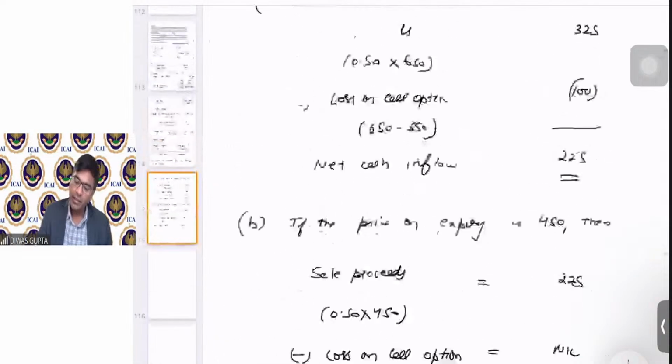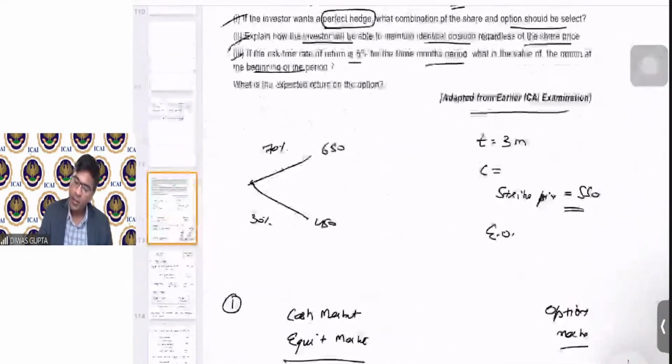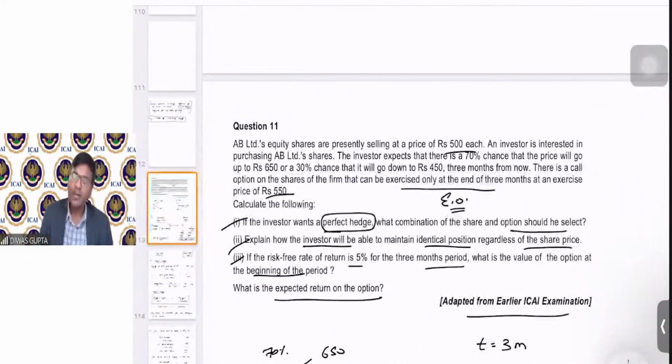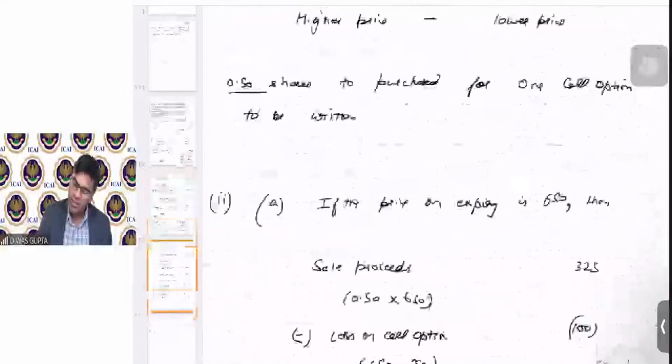Lastly, the question is also asking us to calculate the expected return on the option. So students, the expected return on the option is based on what the payoff is, what the investment is, which is the premium, and the difference between those two.